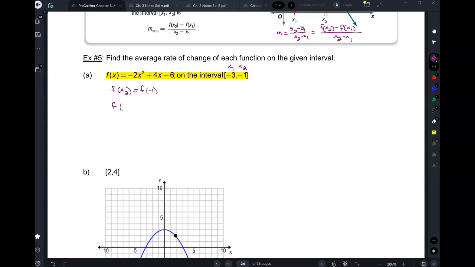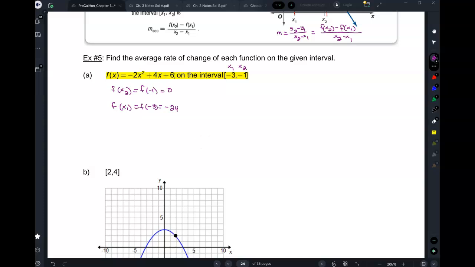And then f of x1 is f of -3. It's -24. Okay, f of -1: take -1, plug it into this function, you get 0. f of -3, you get -24.